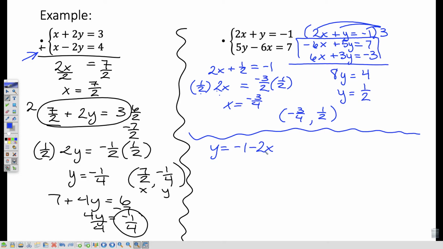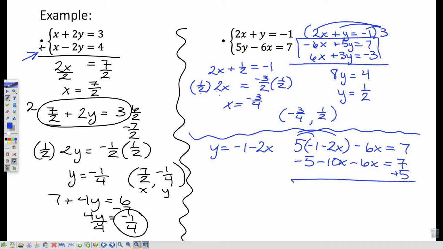Could I substitute it into the second equation? So I had 5 times y, but we said y equaled -1 minus 2x, minus 6x equals 7. Distribute my 5. So I have -5 minus 10x minus 6x equals 7. So add 5.